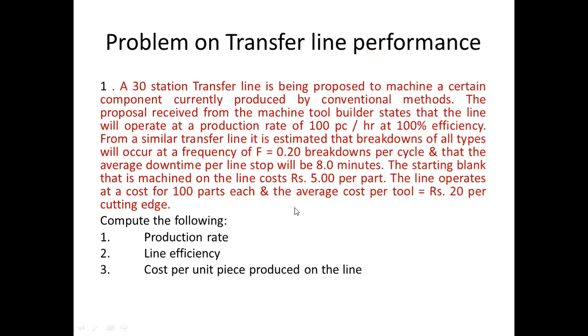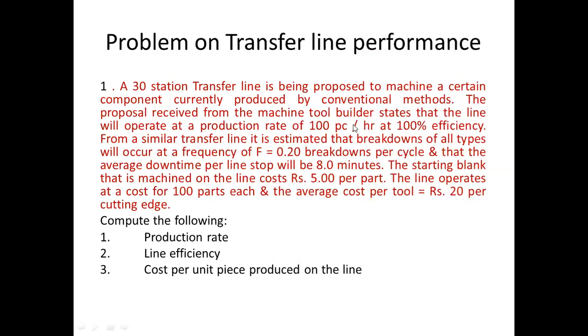So let us examine a simple problem. A 30 station transfer line is being proposed to machine a certain component currently produced by conventional methods. The proposal received from the machine tool builder states that the line will operate at a production rate of 100 pieces per hour.